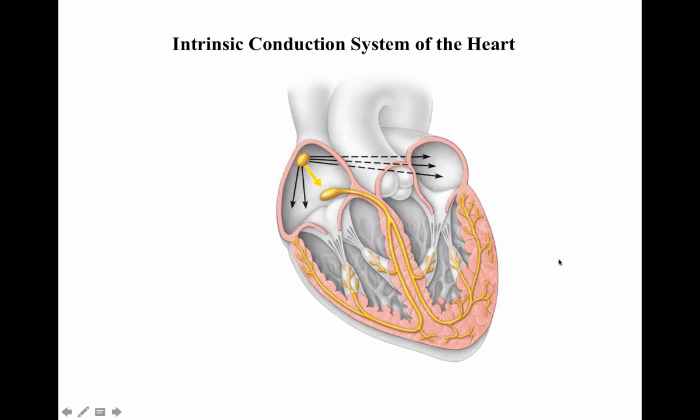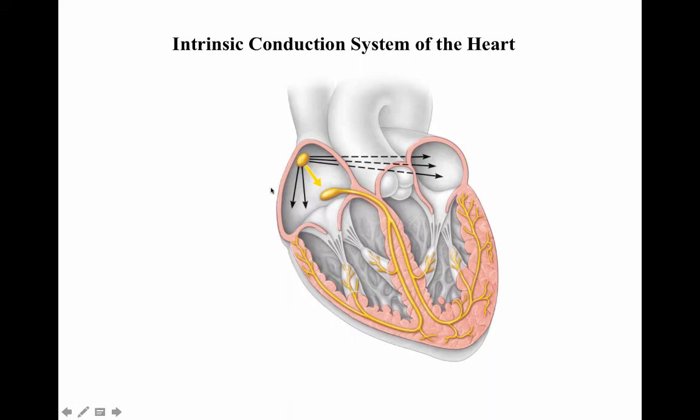The intrinsic conduction system of the heart is a fascinating system in that if the heart were dissected out of the chest and installed into another person via transplant, the connection from cranial nerve number 10, the vagus nerve, would be severed, and that nerve, offering parasympathetic input into the heart, keeps our heart rate around 70 beats per minute.